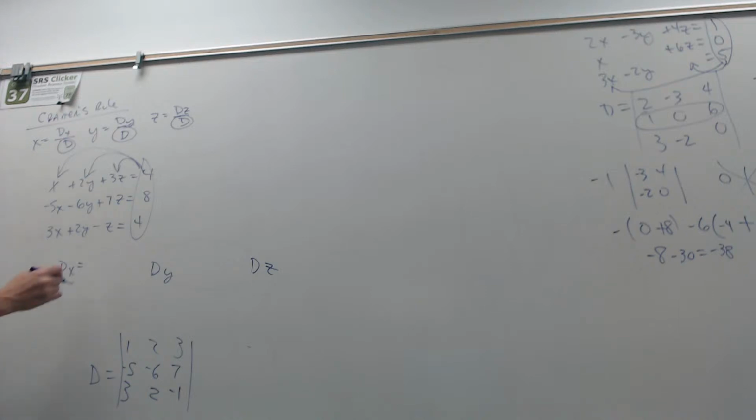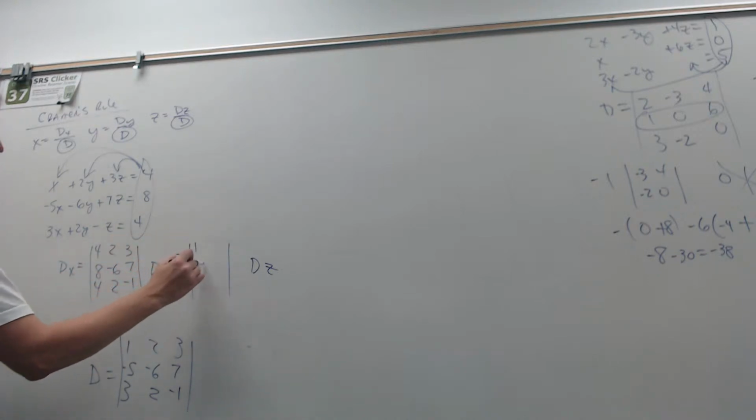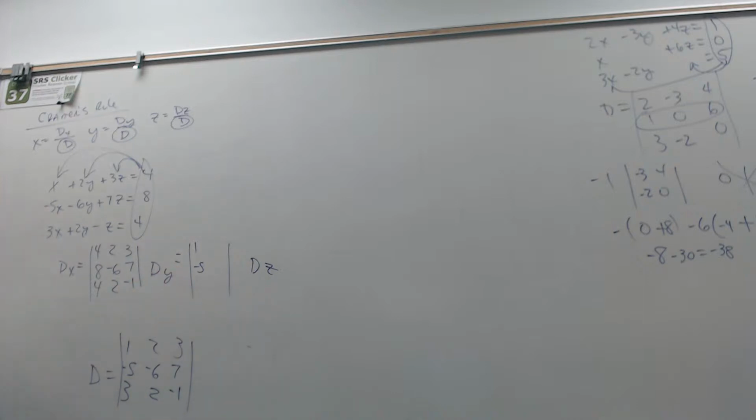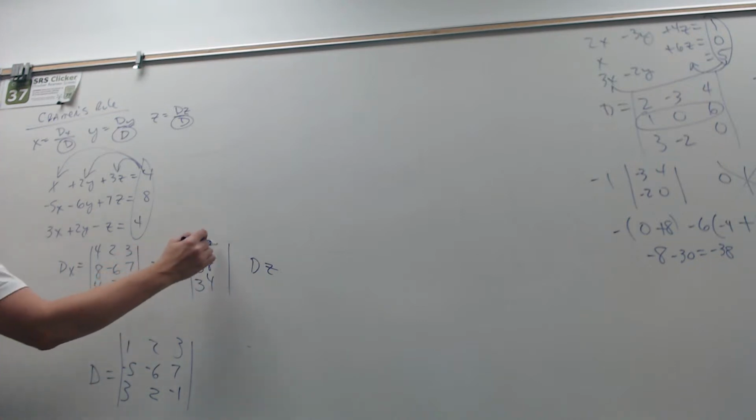Okay, let's go back to Christian. Can you tell me what this matrix is supposed to be? So going down: 4, 8, 4, 2, -6, 2, 3, 7, -1. Can you do the same thing for y? It'll be 1, -5, 3, and then 4, 8, 4 for the middle, and 3, 7, -1.